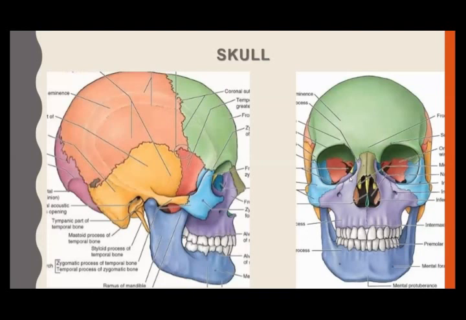By looking at these colors you can remember it very easily. So when you see the lateral view, the green is the frontal bone. This orange is the parietal bone. This pink is the occipital bone.